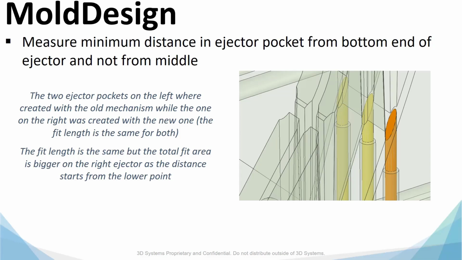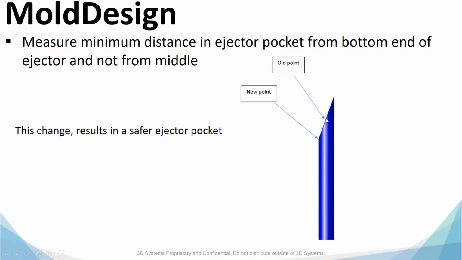This means that in the previous version we started measuring the distance from the middle point of the ejector trim, and now in version 15 we start measuring from the lowest point, the bottom end. This change results in a safer ejector pocket.